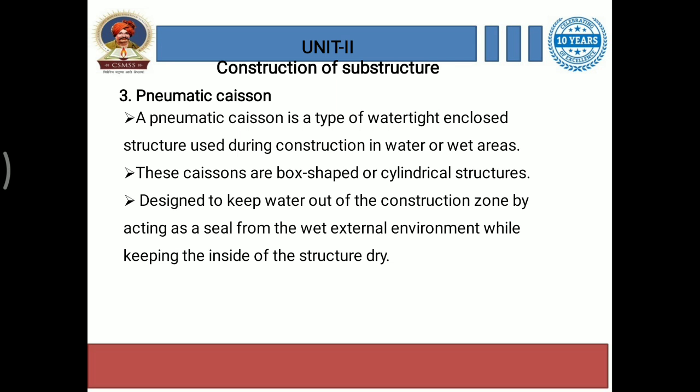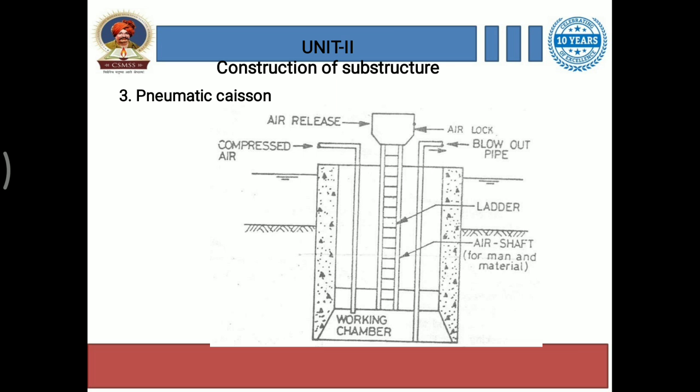These caissons are box shaped or cylindrical structures. Just see the diagram of pneumatic caisson. These diagrams are very important. Pneumatic caissons are generally asked in the exam. Here the topmost part is air release and air lock. That is, it is required to remove the air during the construction.